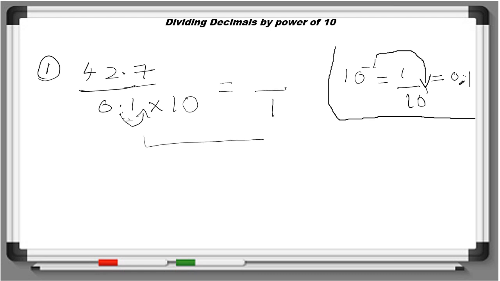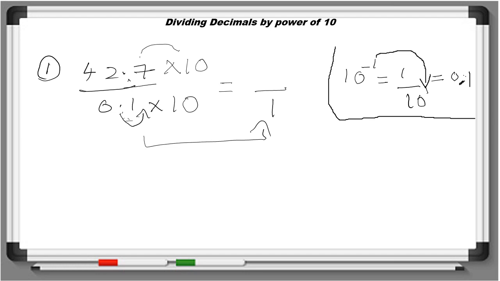Now, there is a rule in mathematics: if you multiply the denominator by 10, the numerator also you should multiply by 10. So when you multiply by 10, the decimal again moves one place from left to right.